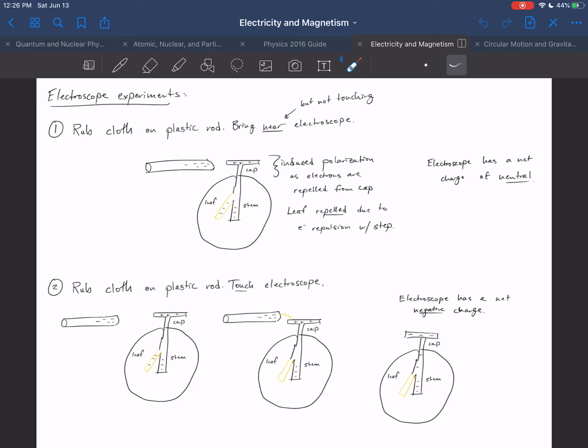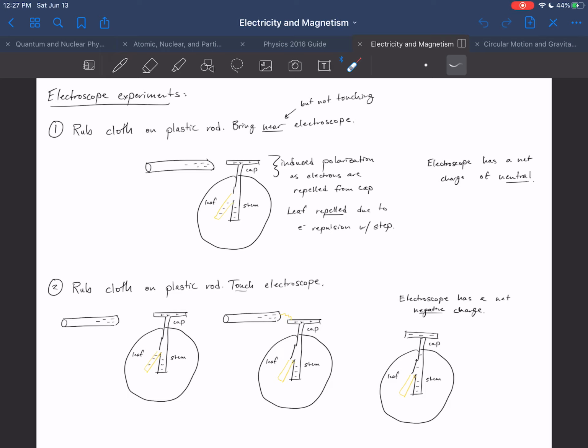There are a number of experiments that you can do, but if you rub cloth on a plastic rod, you transfer extra electrons to that plastic rod, so now that plastic rod has a net negative charge. You then bring it close to the cap, and what you'll see is that that gold leaf rises up. It's pretty distinct.